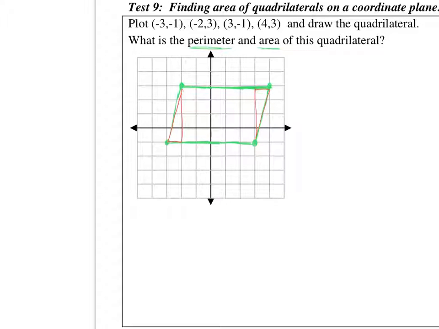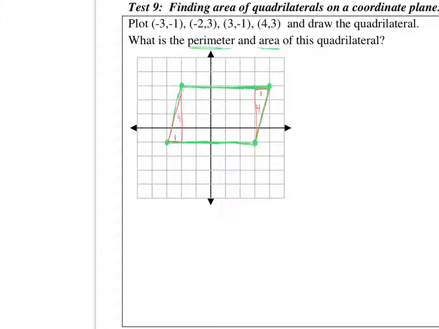Again, you could just use base times height. So what is the base of this triangle right here? You understand that's 1 by 4. Can you tell that's a 1 by 4 triangle? And isn't this triangle also a 1 by 4? So I have 2 1 by 4 triangles.